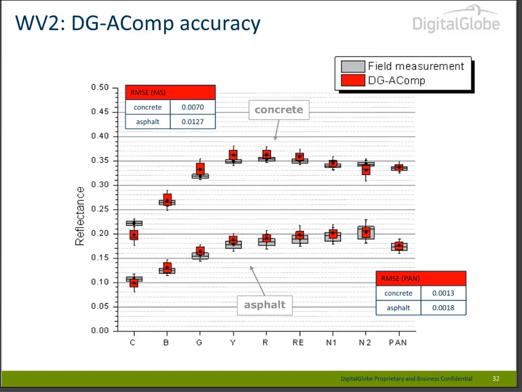And also the root mean square error between the two methods is very comparable, about or less than 1% across all the bands. And also you can notice that the panchromatic band has been retrieved. And I want to point out that the panchromatic band and the multispectral band produce two completely different outputs. So those are two completely different kinds of retrievals, and yet they're both fairly accurate.